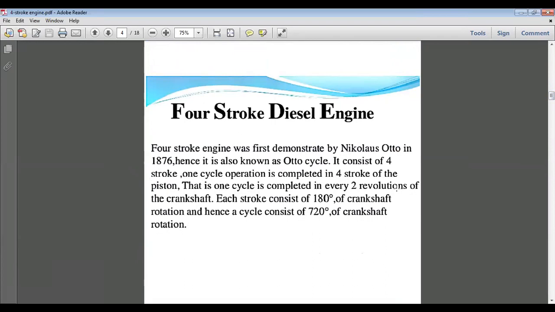Here, 4 strokes are called one cycle. When our 4 strokes are complete, then we call it one cycle. And one cycle consists of 2 revolutions of the crankshaft. Each stroke consists of 180 degrees of crankshaft rotation, and hence a cycle consists of 720 degrees of crankshaft rotation.